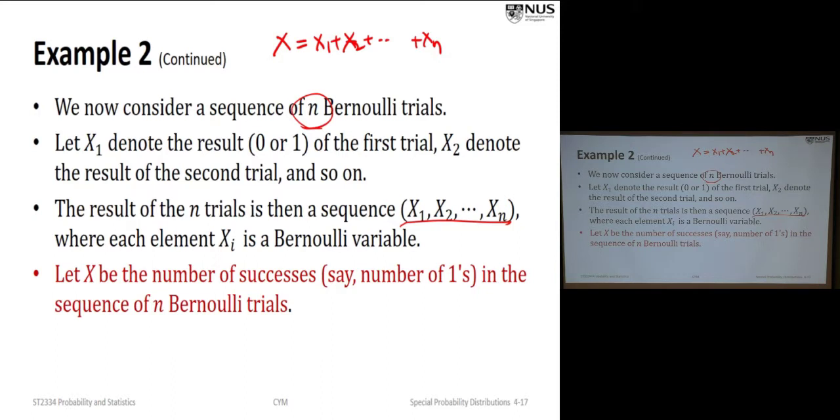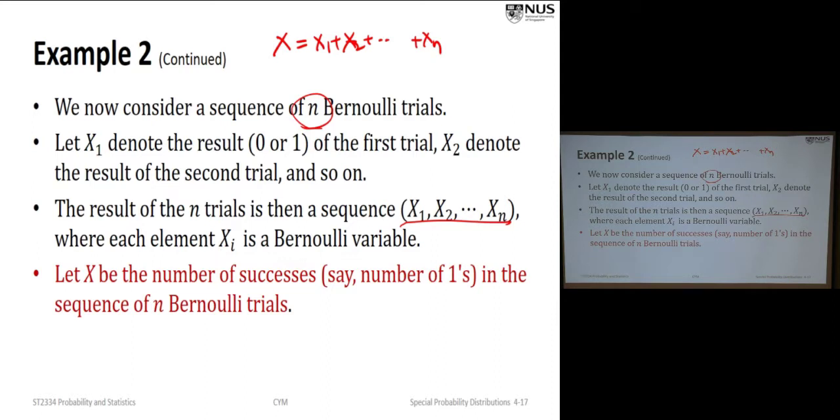X2 takes the value 1 or 0. All right? If it's a success, it takes 1. So what is the sum of all these X1 up to Xn? Because they are just 1 and 0, the sum of all the X1 up to Xn basically just counts how many 1s there are.